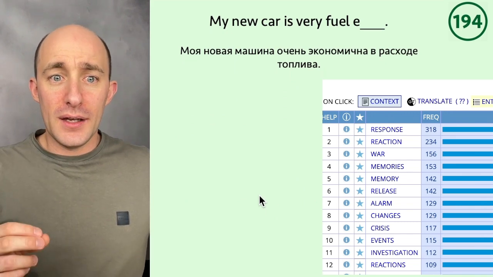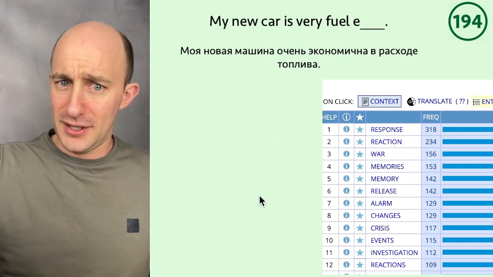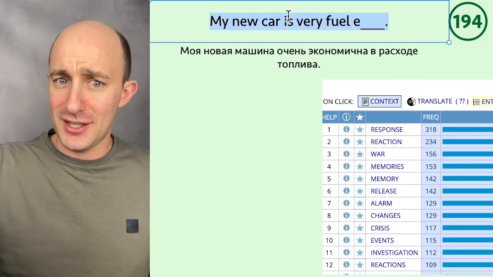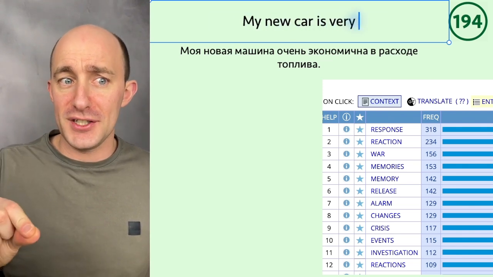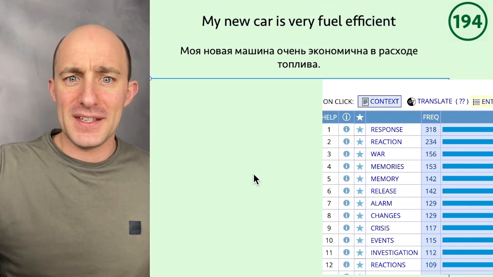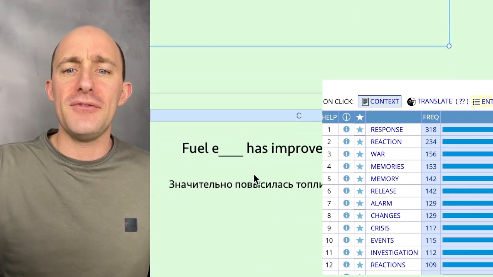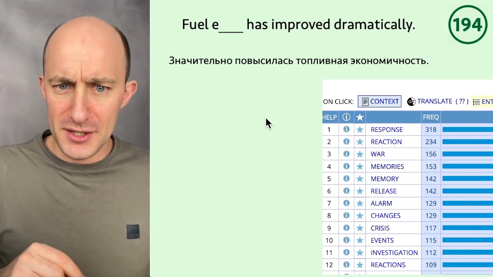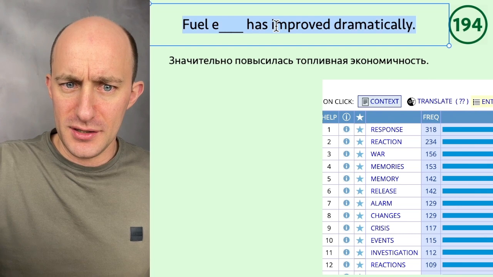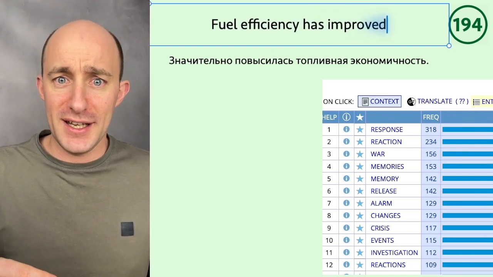Next. Economical. My new car is very fuel efficient. So, when we talk about economy here, we talk about efficiency. Fuel efficiency has improved dramatically.